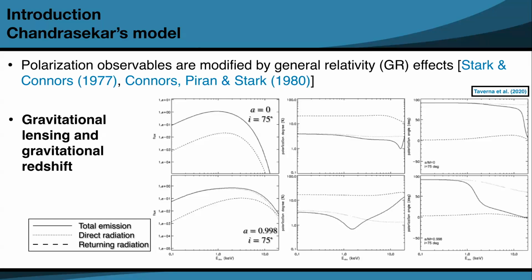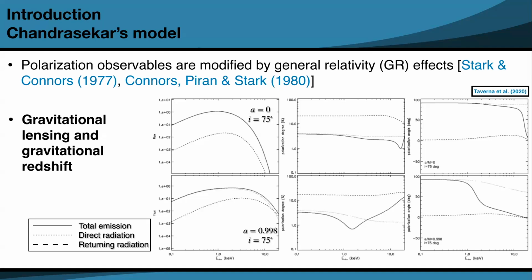As you can see, the total emission, plotted with solid lines, is composed of 2 different components. The first one, the direct radiation, shown with dotted lines, is composed of photons that directly reach the observer after leaving the disk atmosphere.